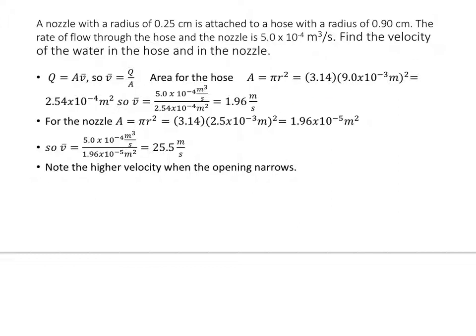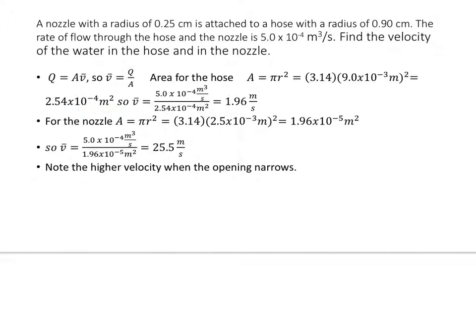The radius in meters is 9 times 10 to the negative 3. Notice we have to take that decimal point and move it over 2 places to the left in order to convert it to meters. So that gives us 9 times 10 to the negative 3, which we square, and that gives us 2.54 times 10 to the negative 4 square meters. So that's the cross-sectional area of the hose.